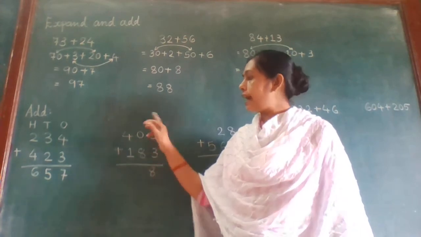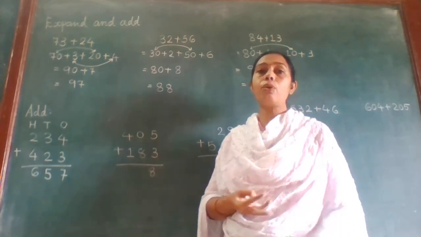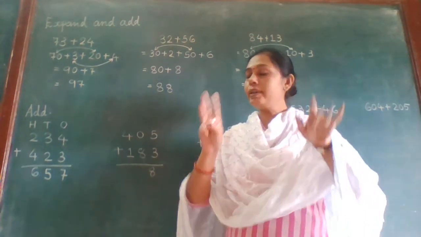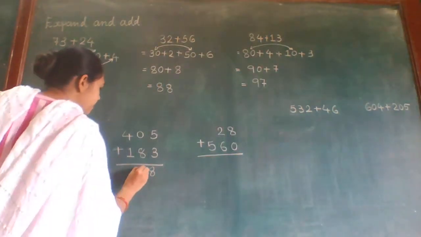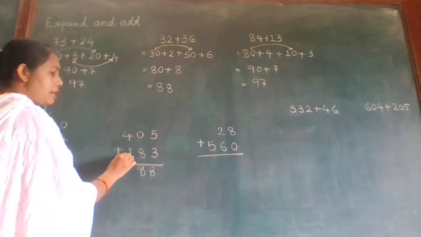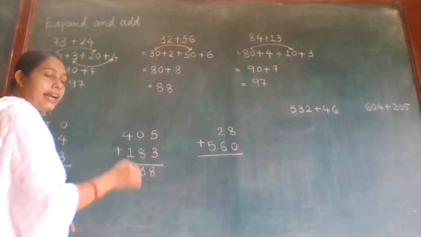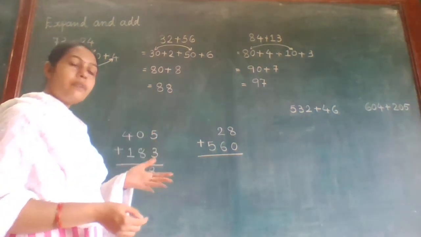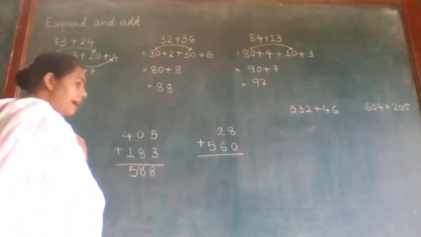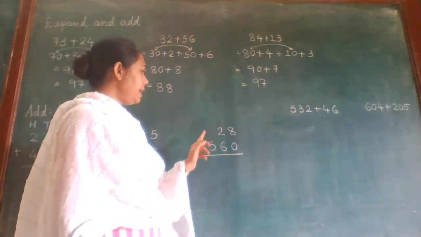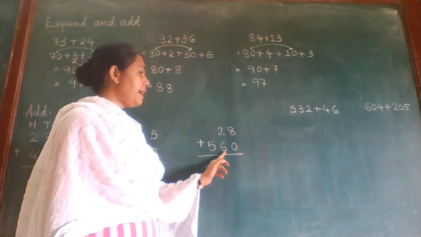And when we add 8 in 0, we get 8 only. And 4 plus 1. 4 is there and we have to add 1. 4 plus 1. What is that? 5.